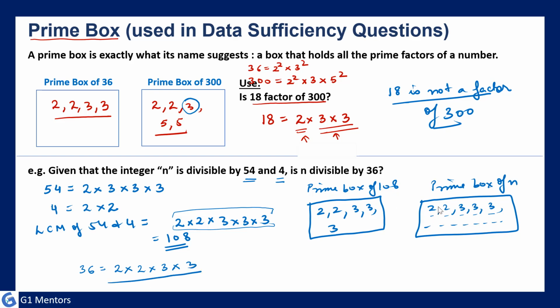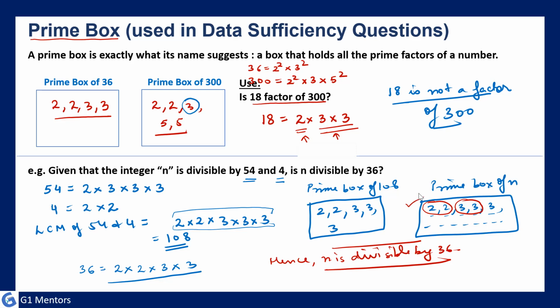So in the prime box of n, we have 2 2's and 2 3's. Hence, n is divisible by 36. Okay, so this is how simply we can use the prime boxes to find the solutions of complex issues.